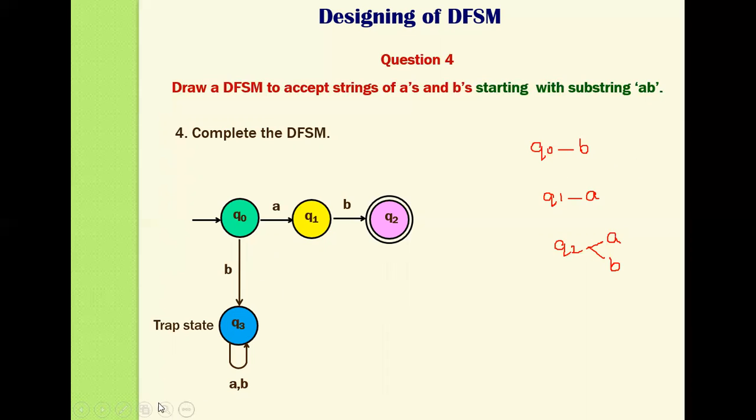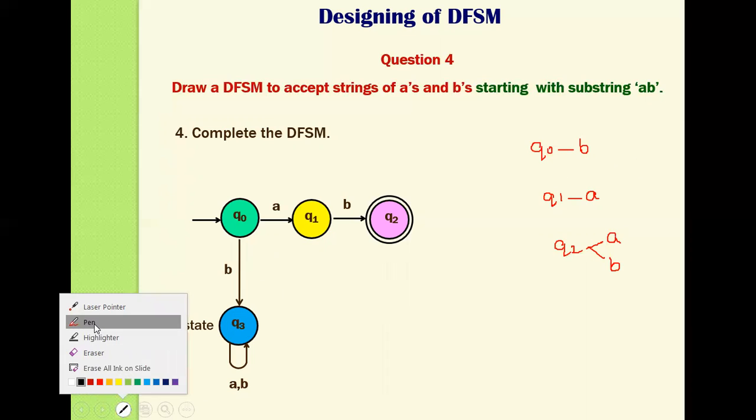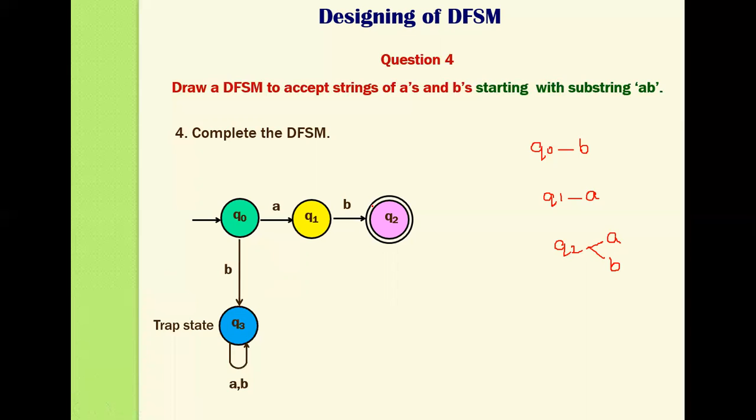Now I have to check Q1 upon A. Again, the same procedure. Can we have it as a self loop? You try it out now, write it and try, no problem. If I write Q1 upon A as a self loop, what is the question they have given? It must start with AB.